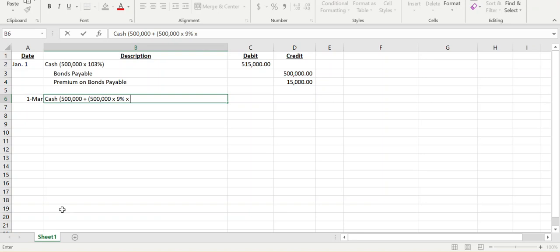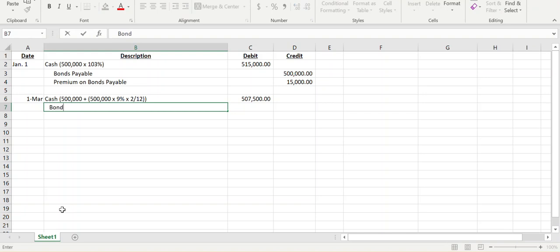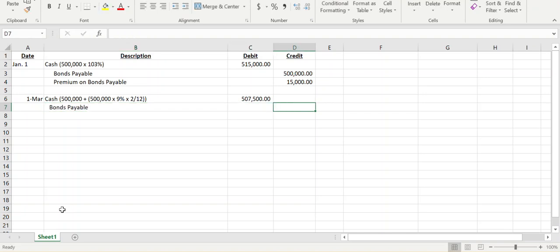So the previous last interest payment was made on December 31st. So January 1st through January 31st, and then February 1st all the way through the end of February. So 2 months have been earned. So we're going to do that by 2/12. So that means that in total, we are selling this bond for $507,500. Again, the bonds payable has to go on our books at the face value.